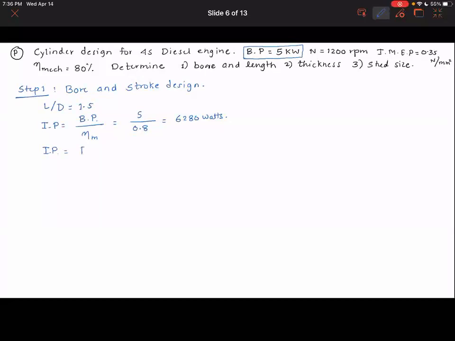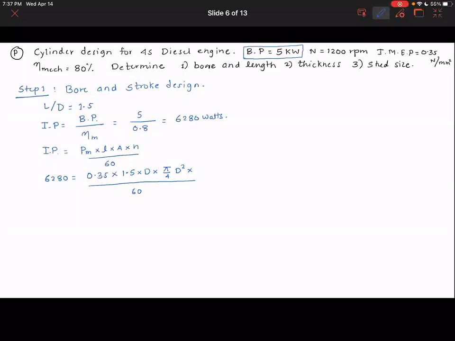Indicated power is given as indicated mean effective pressure times L times A times N divided by 60. So 6250 is equal to 0.35 times L, where L by D ratio is 1.5 so L is 1.5 times D, multiplied by pi by 4 D square, multiplied by N, the number of working strokes.